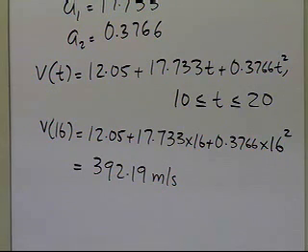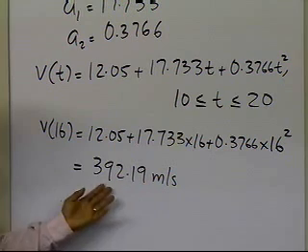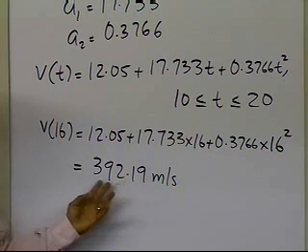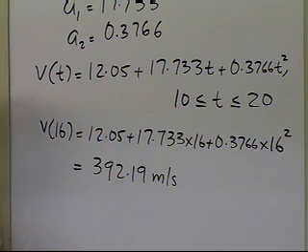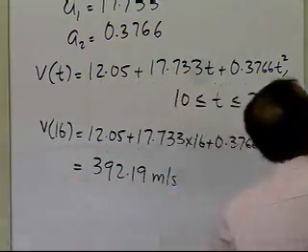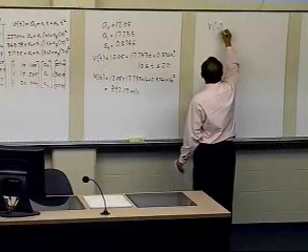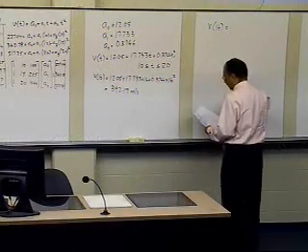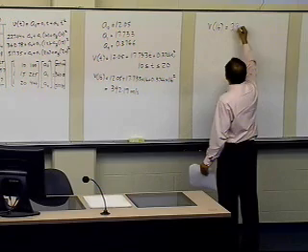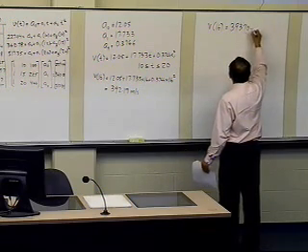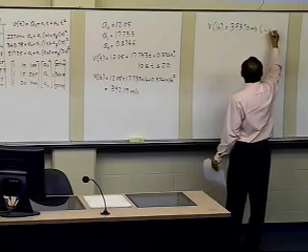Now the question arises, since we are doing quadratic interpolation, how do we know how much we can trust this solution? Or which significant digits can I trust in the solution? So in order to do this, you're going to look at what you got for the value of the velocity at 16 when you were doing linear interpolation. When you did linear interpolation, you got 393.70 meters per second.